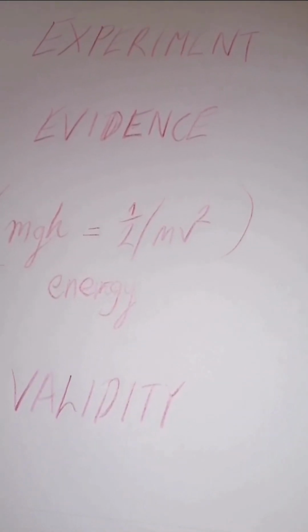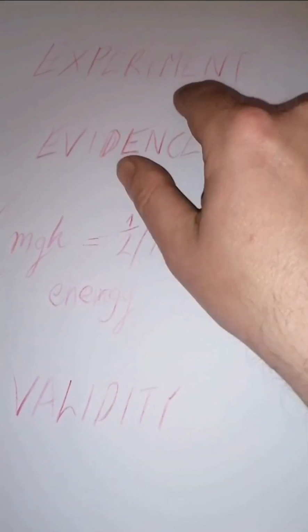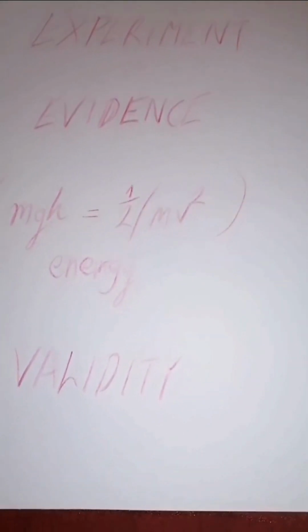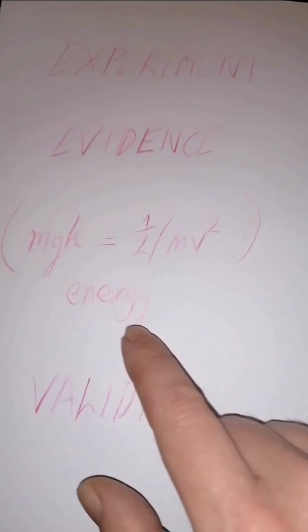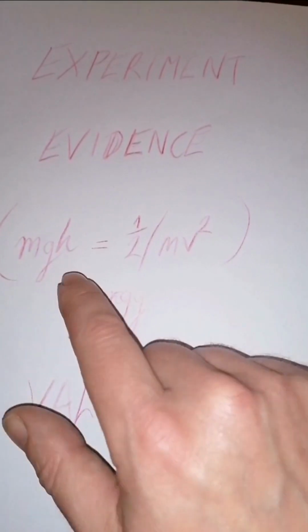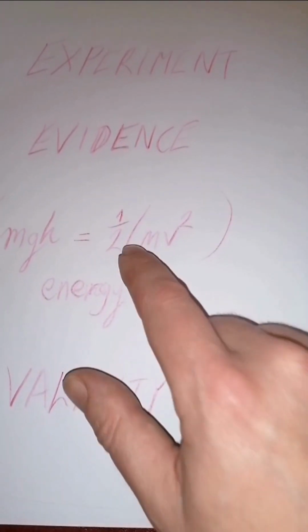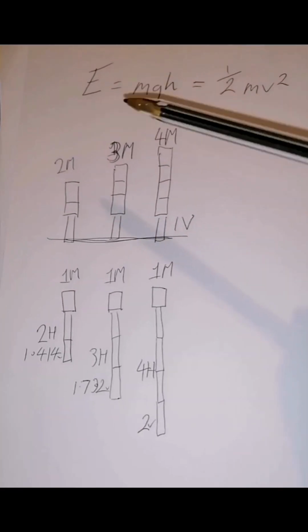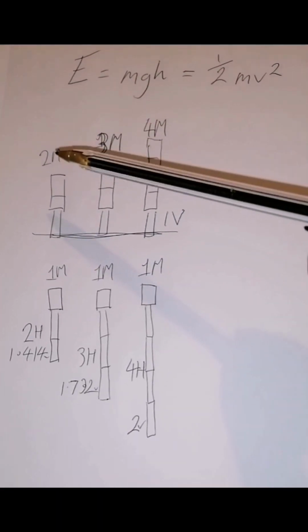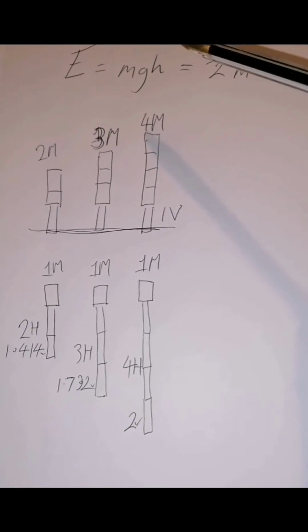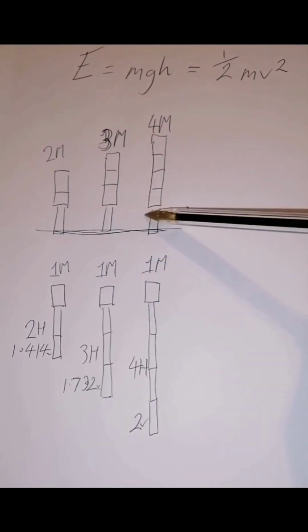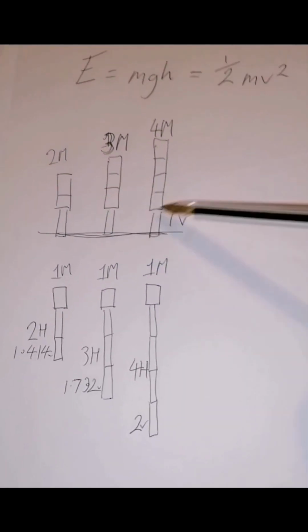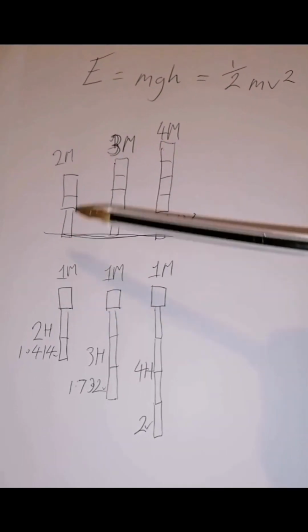So this will be a physical experiment providing physical evidence for the validity of the energy equations mgh, which is equal to half mv squared kinetic energy. The experiment will basically be dropping a 2 mass, a 3 mass and a 4 mass, all from one height, resulting in one velocity.